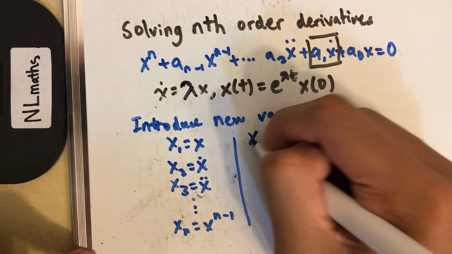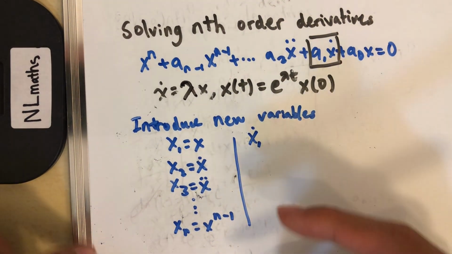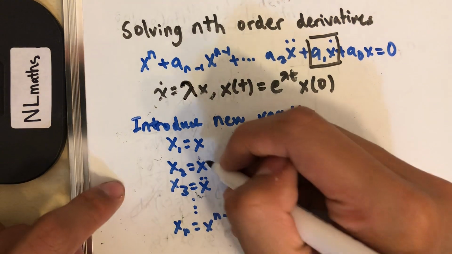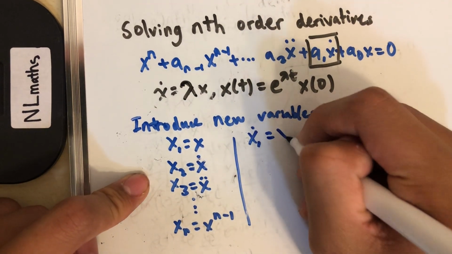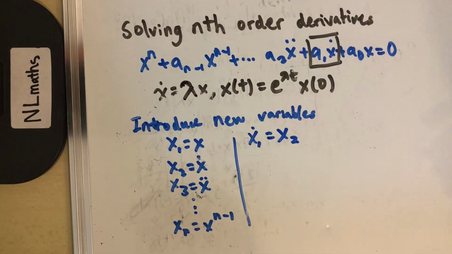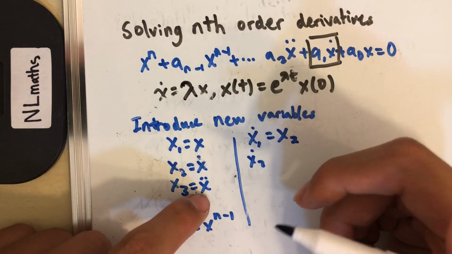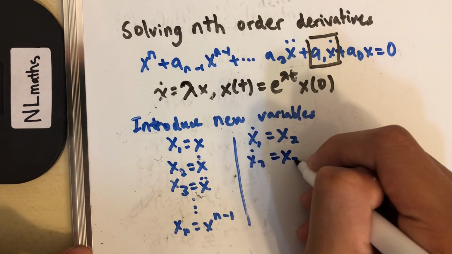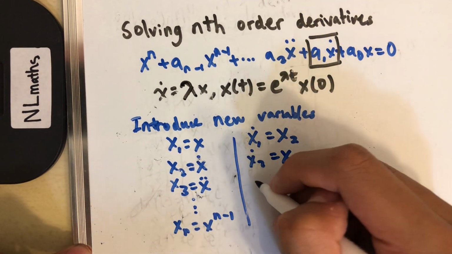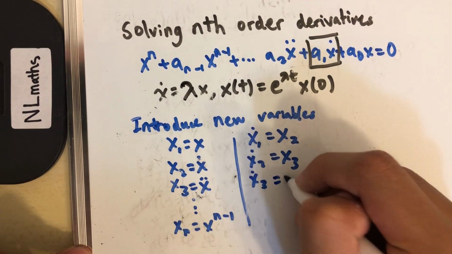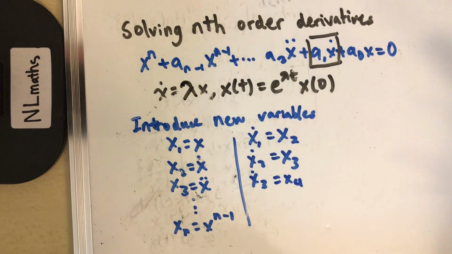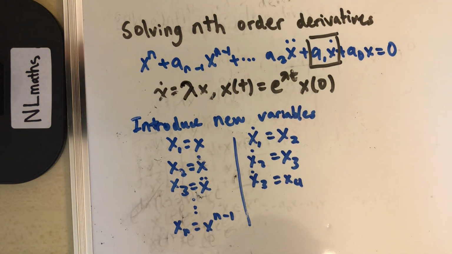So the dot of x1 is going to be x dot, which, as you can see, is equal to x2. Good. x2 dot, which is x double dot, is x3. And x3 dot equals x4. As you can see, there's a pattern.